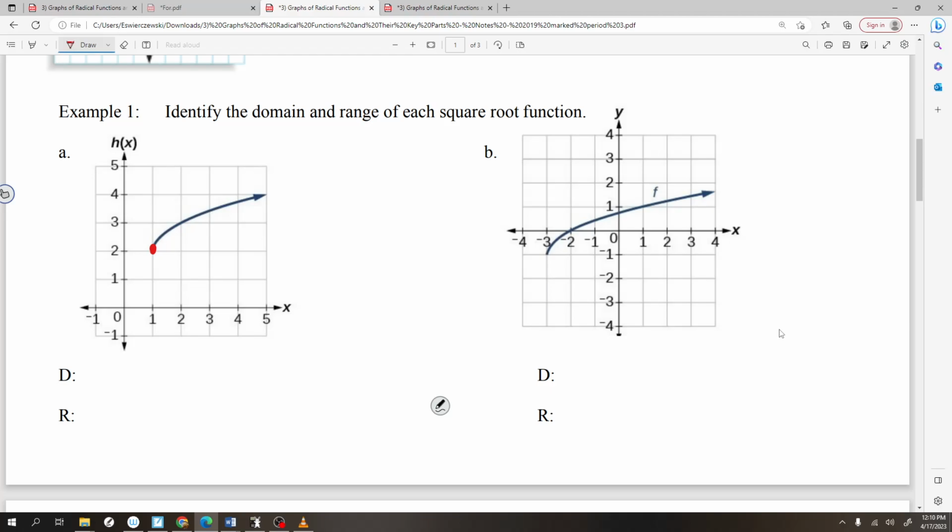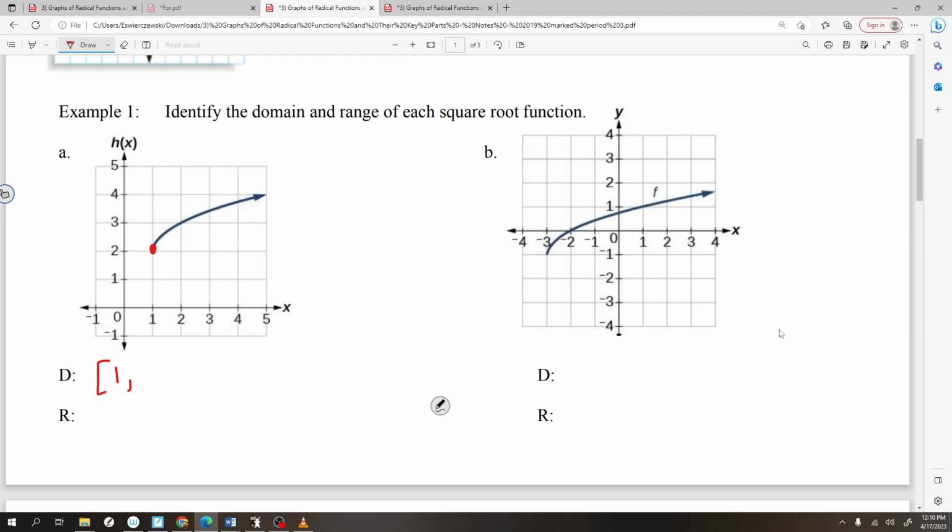Gabby. What's the lowest x value I have here? One. I'm going to put that 1 in a bracket.